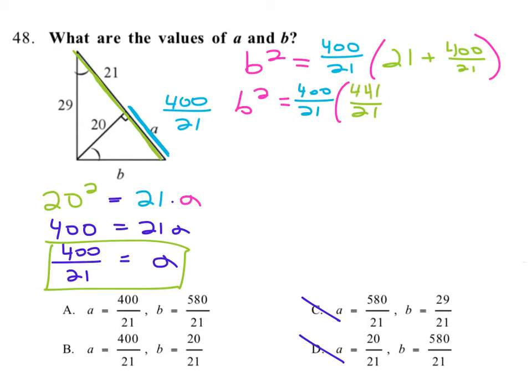So if we wanted to turn 21 into like 21 over 1 equals what over 21, right? We'd have to say this times 21 would give us 21 there, so this times 21 would give us our top number, and that's what we got, 441. Okay? So now we finish this off by saying, okay, plus what was already there, 400 over 21.